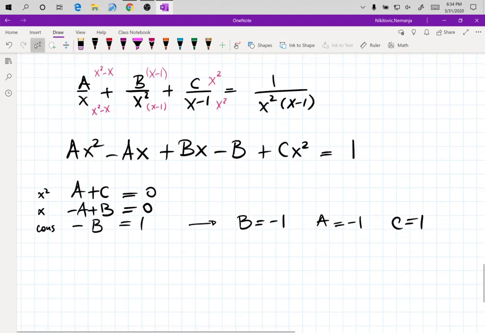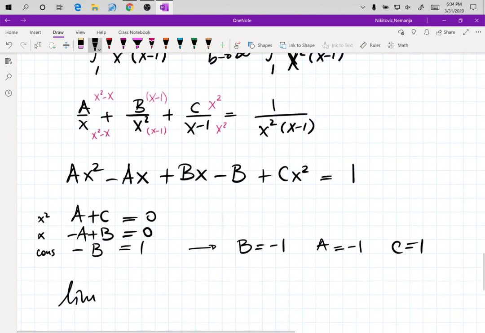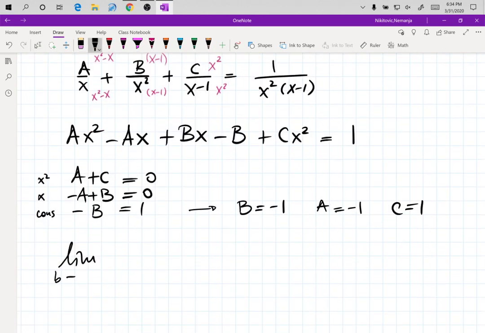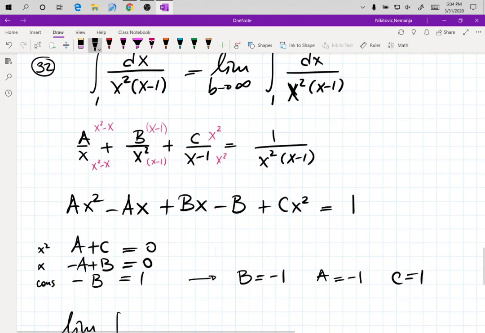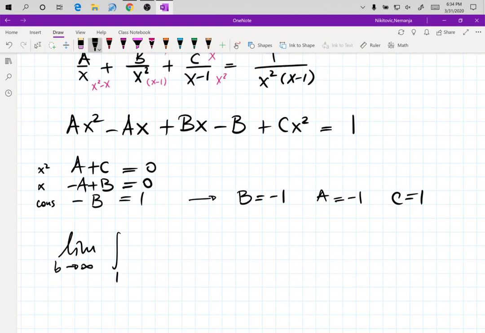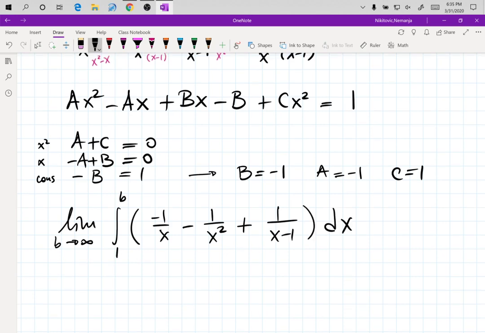So now I have my limit as b goes to infinity, integral from 1 to b of negative 1 over x minus 1 over x squared plus 1 over x minus 1 dx.